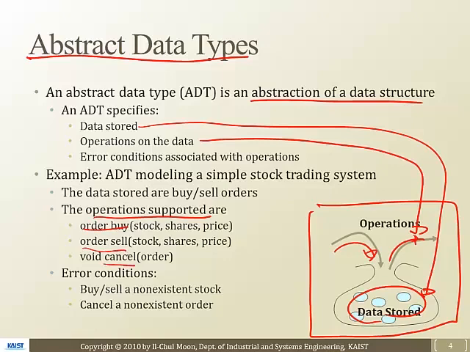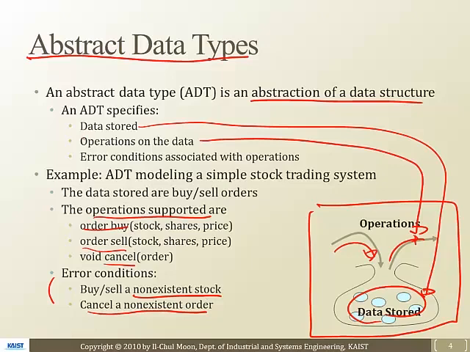And also there should be error conditions, right? If we put a buy or sell order for a non-existing stock, then it should be an error, and we have to catch that. The abstract data type should catch these error types. Also canceling a non-existing order is a problem, so it's an error. So this abstract data type, ADT, should be able to capture it, right?